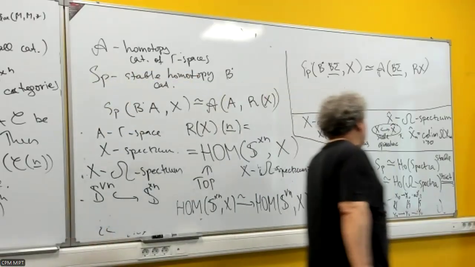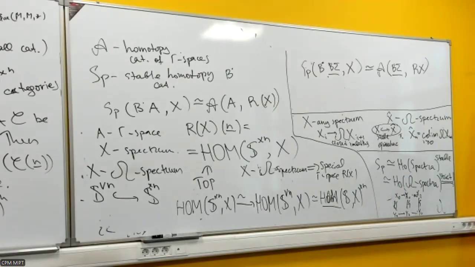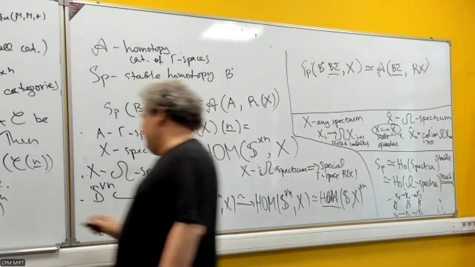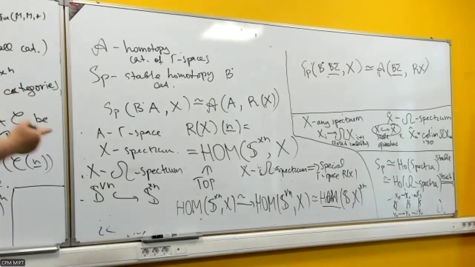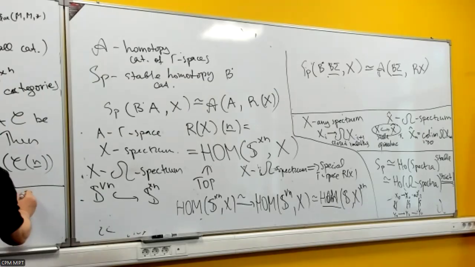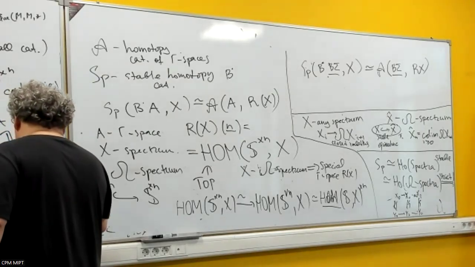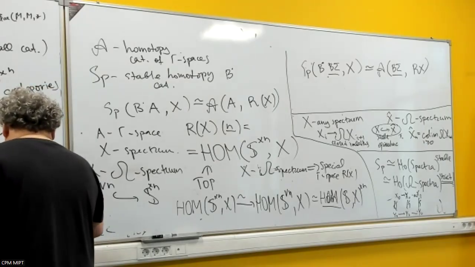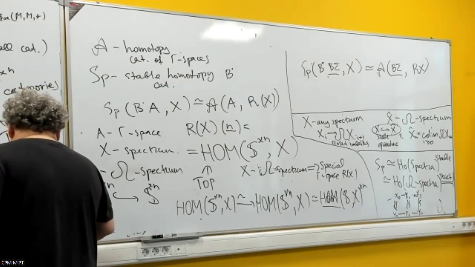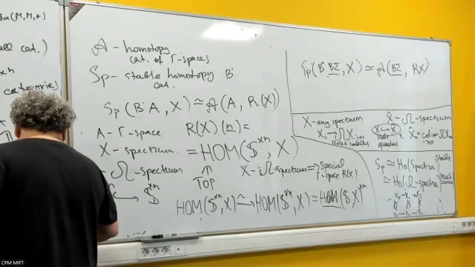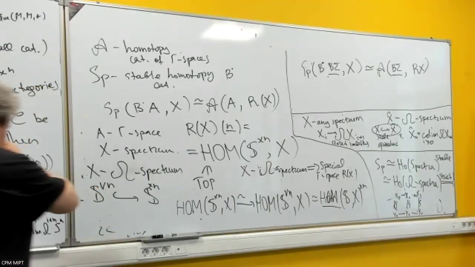So in particular, we can replace any spectrum in this way canonically. For example, coming back to the theorem of Barratt-Priddy-Quillen, if we start with the sphere spectrum, then we get a spectrum, sphere hat, whose n-th term is the colimit over i of omega i plus n of S i plus n.